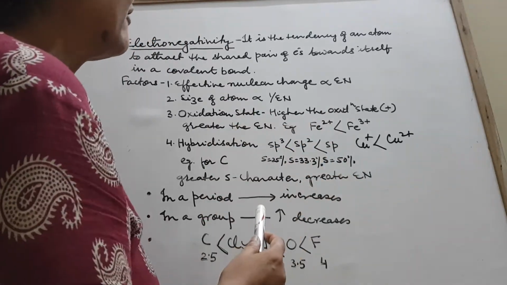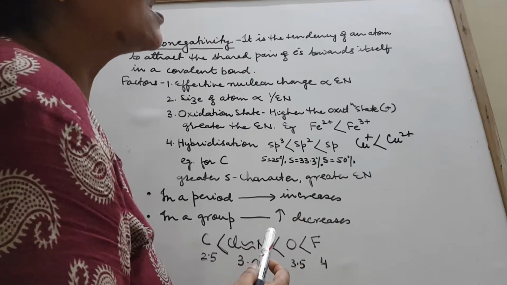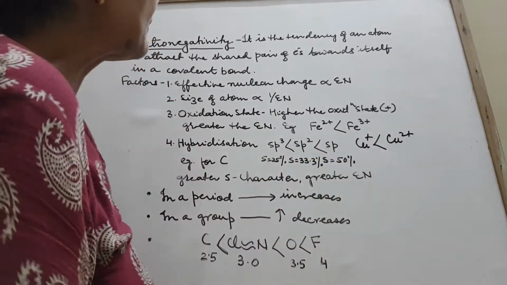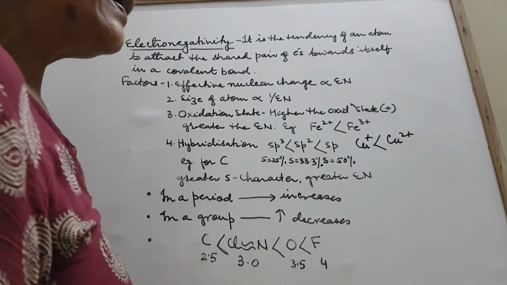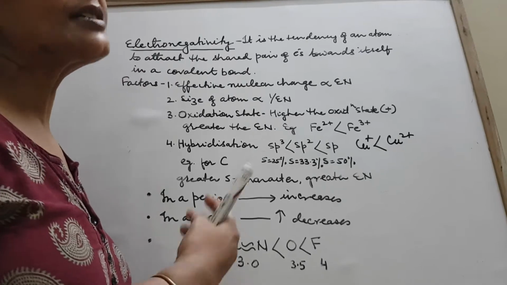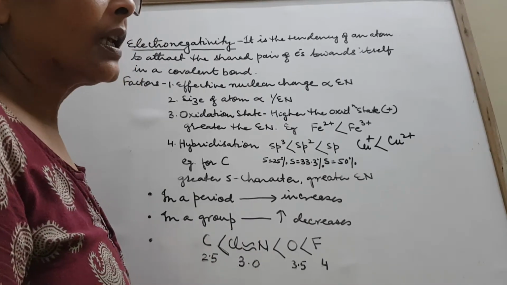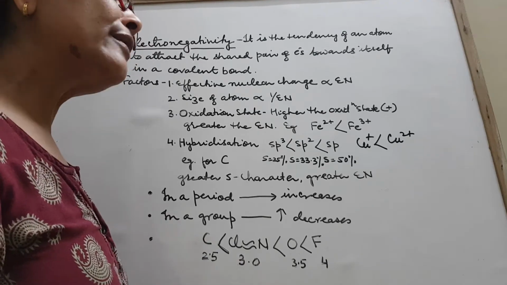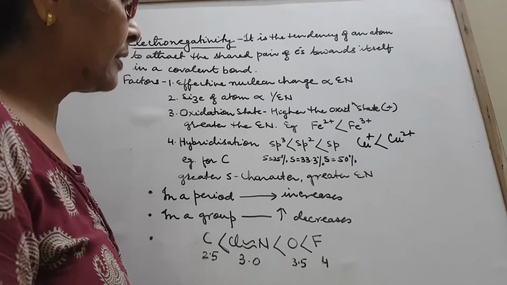Now suppose we have found the hybridizations of carbon as sp, sp2 and sp3. The logic says wherever we have the higher S character, greater will be its electronegativity. So where do we have greater S character?